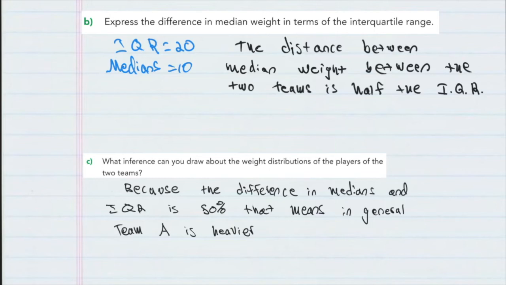So there are a lot of different answers that can be found. For me, the one that most makes sense is that team A is heavier, and it's because the interquartile range between them, the 50% of each one, is about 10 more pounds.